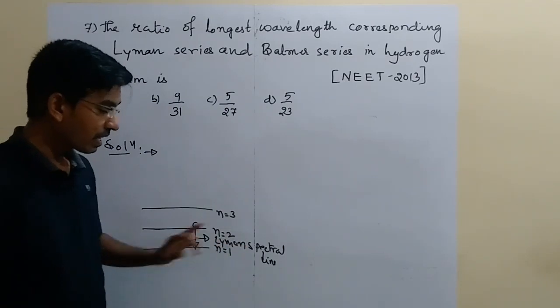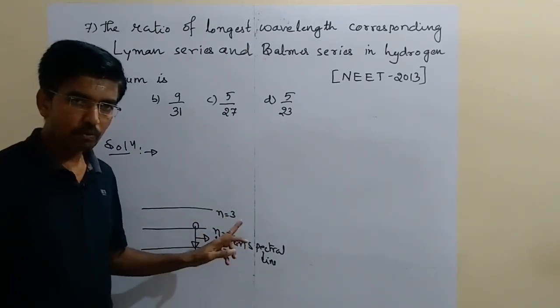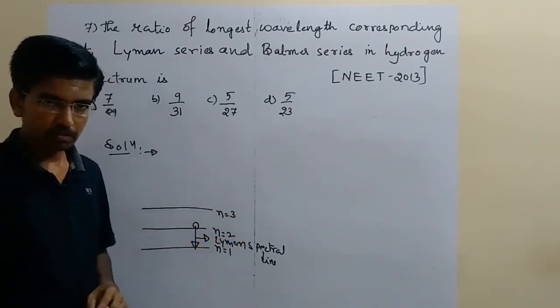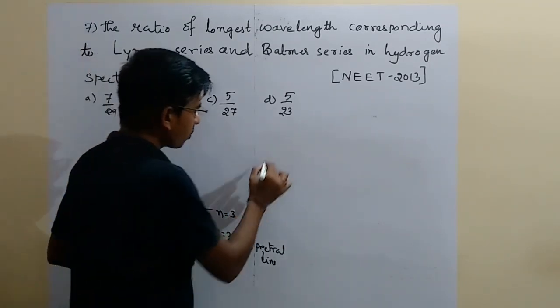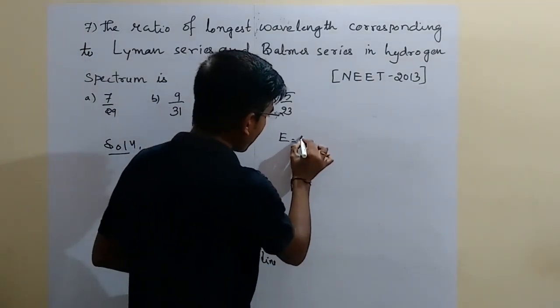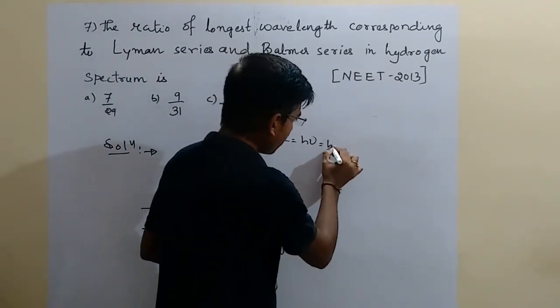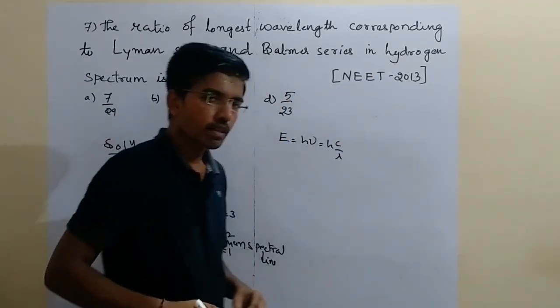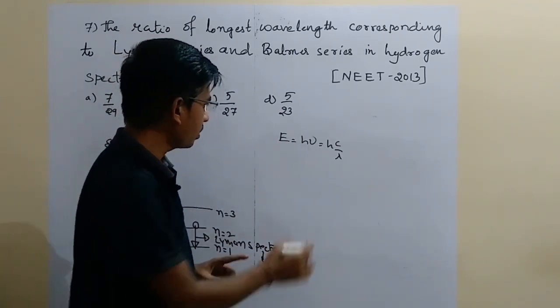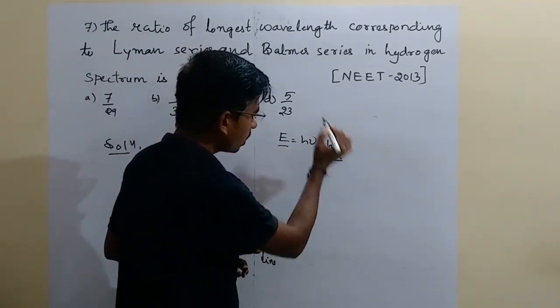This Lyman spectral line has the maximum wavelength or longest wavelength, because according to the formula E is equal to h nu, that is equal to hc by lambda, E is inversely proportional to wavelength.